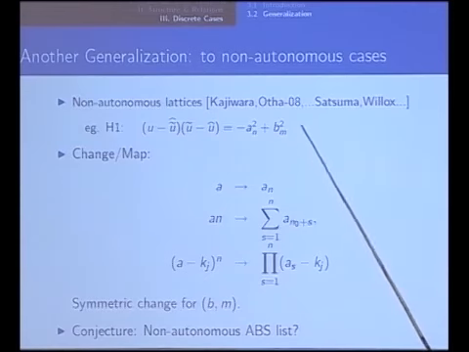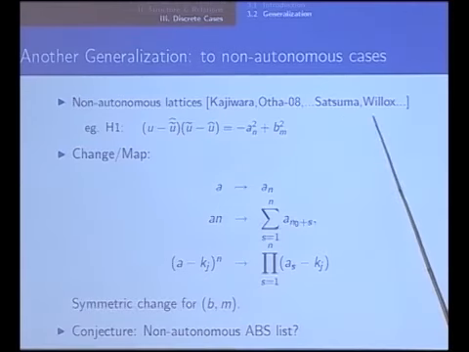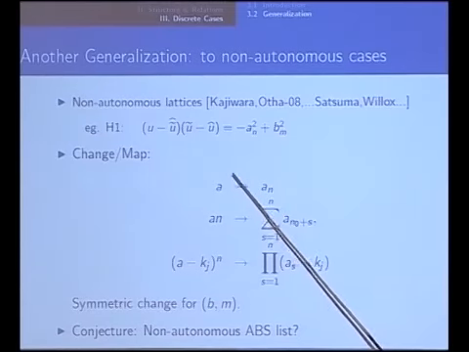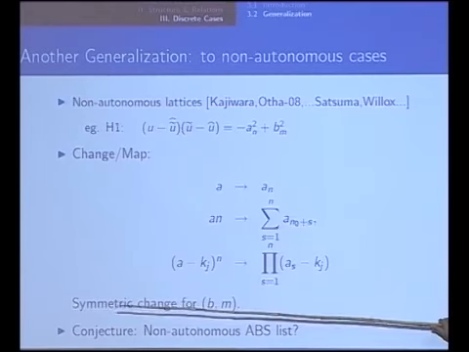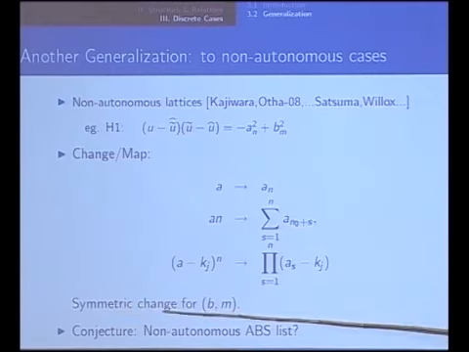One question is, there are some non-autonomous lattices studied by Kajiwara, Nakazono, Satsuma and Willox. And it seems that the relation between the autonomous and non-autonomous cases is that in the autonomous case it's a constant A, and in the non-autonomous case it's A_n, and then A to the power n goes to a summation of A_n, and the power is a consecutive product.